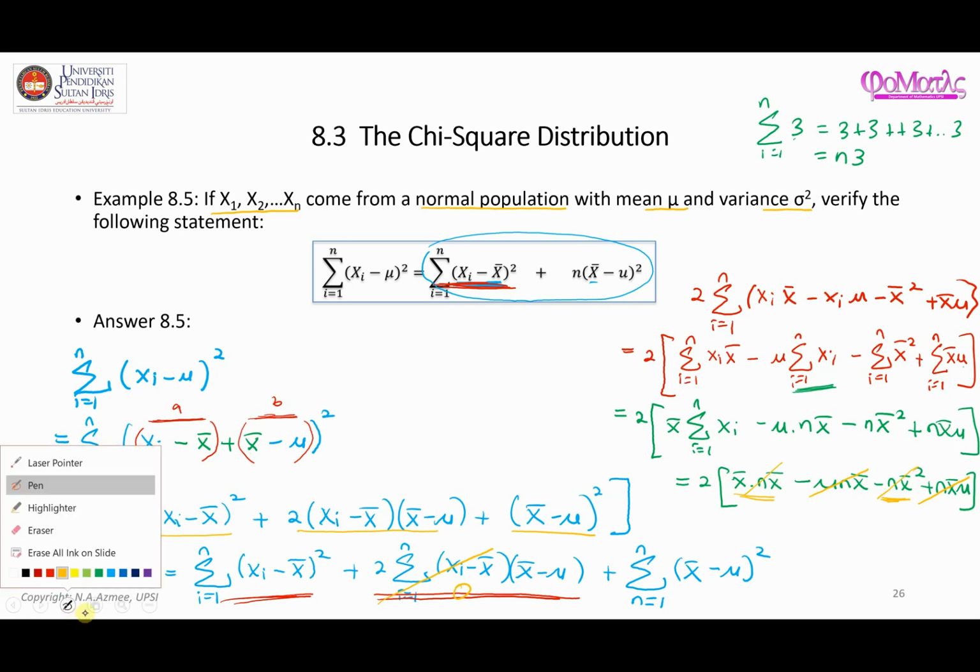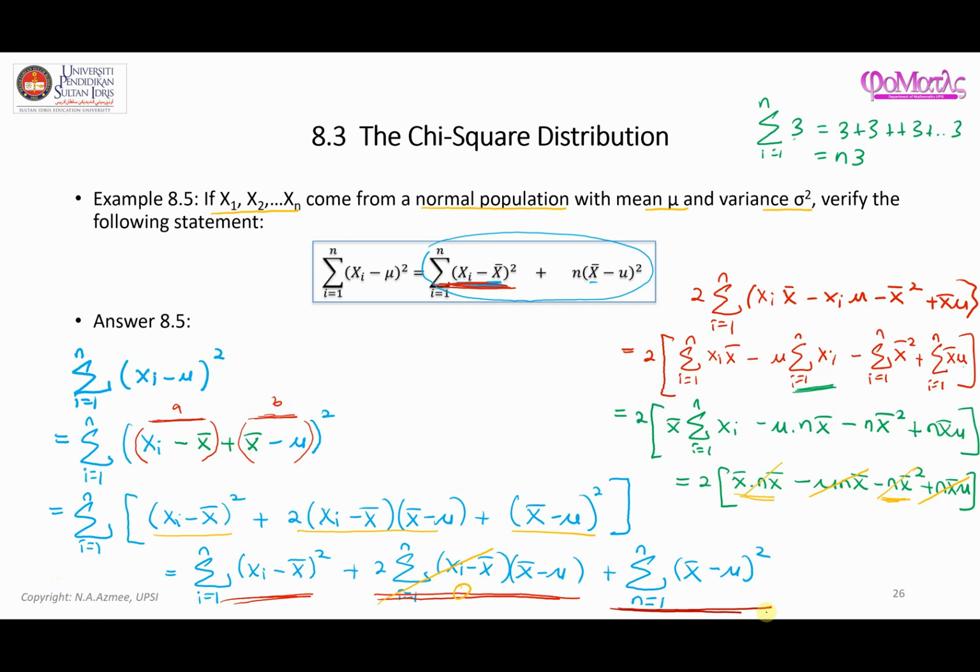Next, let me explain what happens to this one. Again, you can see that x bar minus mu squared is a constant. If you have a summation process next to a constant, like I told you right here, that means you have to add up the constant n times.